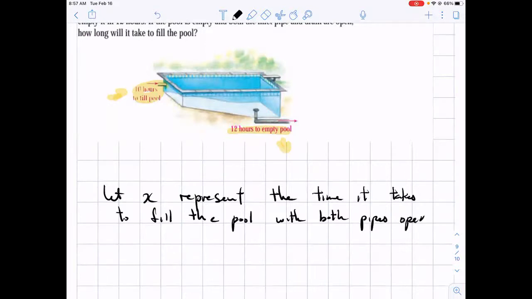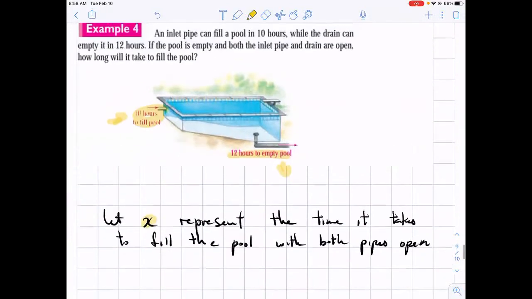So if you notice in my examples, I always let X represent what I want to find, right? That's exactly what the question is asking. If the pool is empty and both the inlet and the drain pipes are open, how long? So that's the X. Now, if the inlet pipe can fill the pool in 10 hours, so here is my inlet, and here is my out.